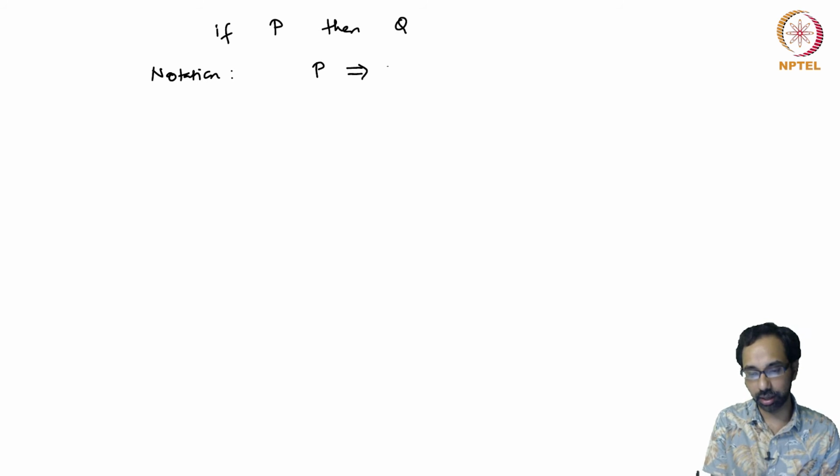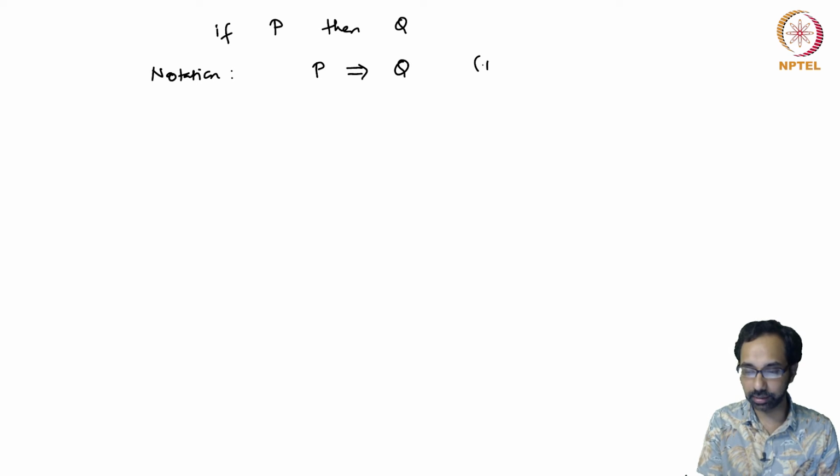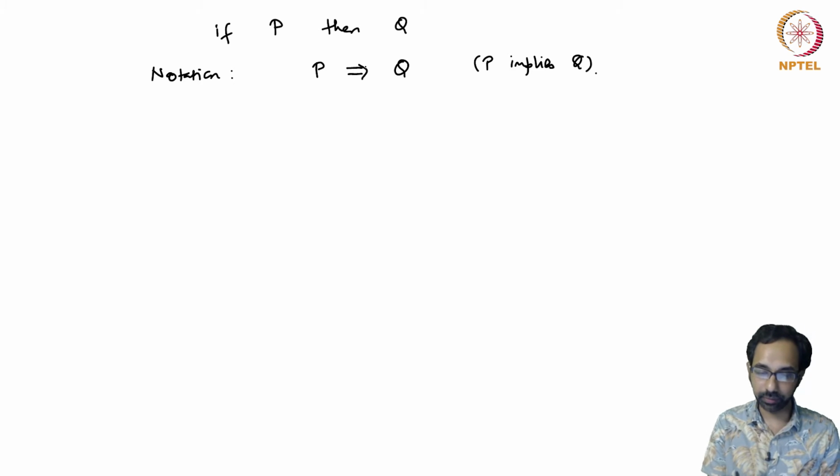Okay, now for this if-then statement, if P then Q, we write it as a notation. We write it as P with this double arrow, and we read it as P implies Q. So this is a shorthand notation for an if-then statement, and for an if-then statement there are three possible constructs.